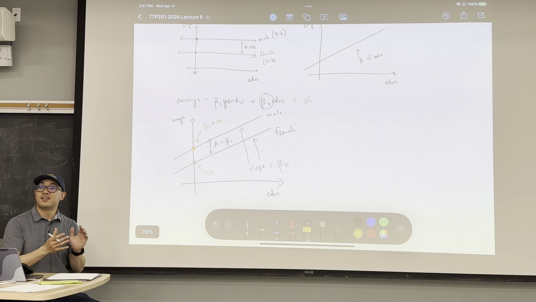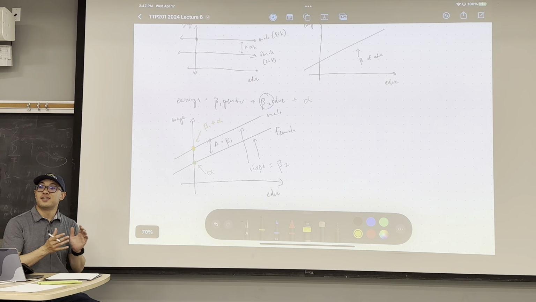And why is it that this is strictly better than this? Well, if you think about it, this model kind of subsumes this model, right? This is a subset of this, because at the very least, I could just set this beta to be 0, and then I would capture the same thing, right?